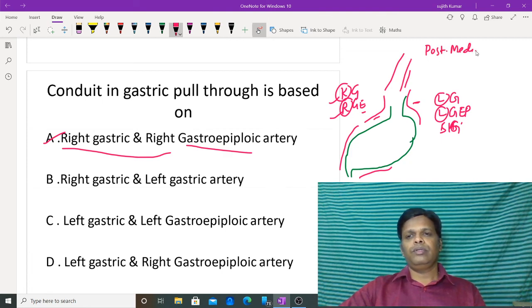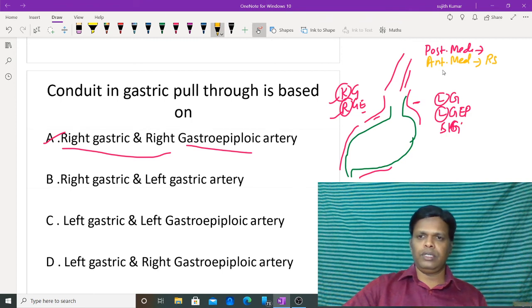This posterior mediastinum route, you can take it through where the previous esophagus was. After removal of that, you can mobilize the stomach, keep it there in the posterior mediastinum, and then do the anastomosis. You can also take it through the anterior mediastinum, that is, the retrosternal region.